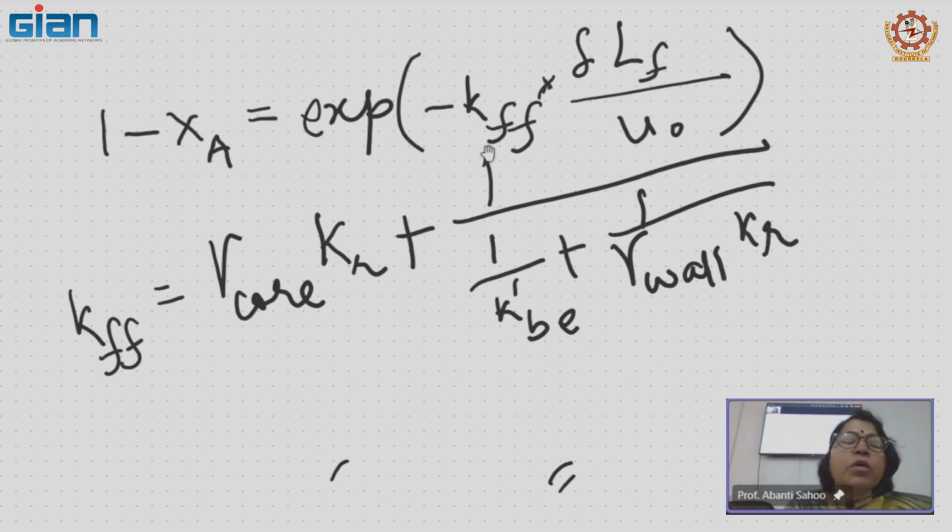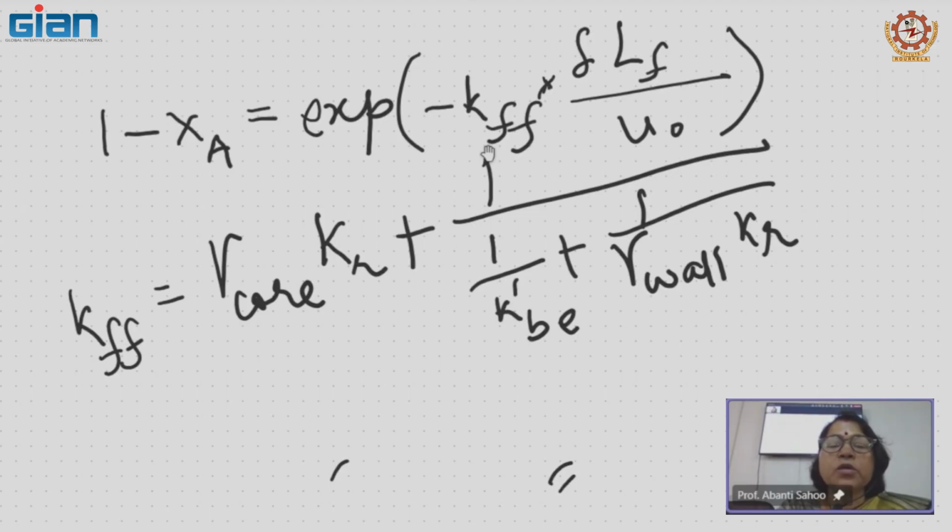So, overall, in the main bed region some reaction is taking place, and also in the freeboard region reaction is taking place. When the transfer is there from the bubble to emulsion, bubble movement is also there, but not much. So, it is K dash Be.